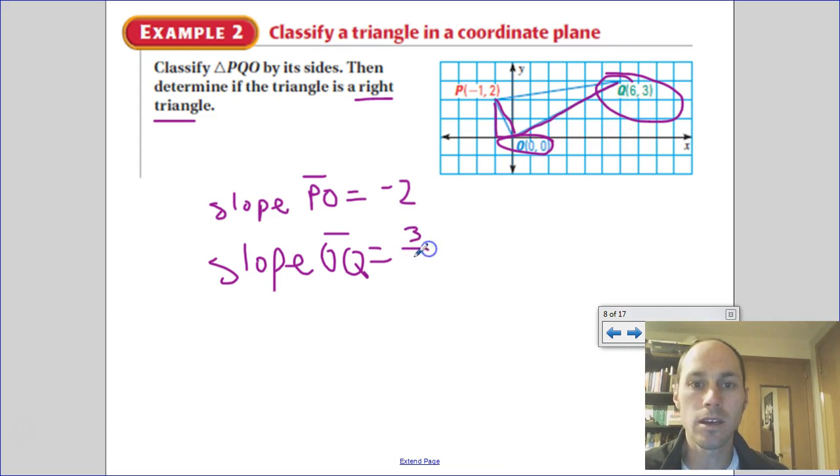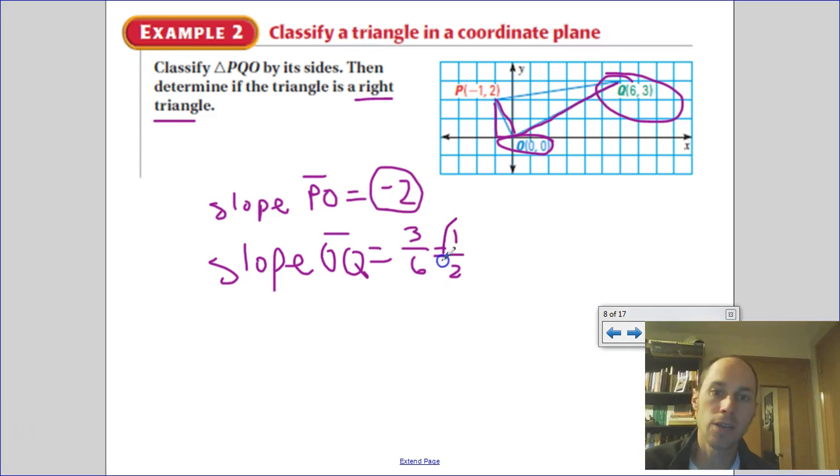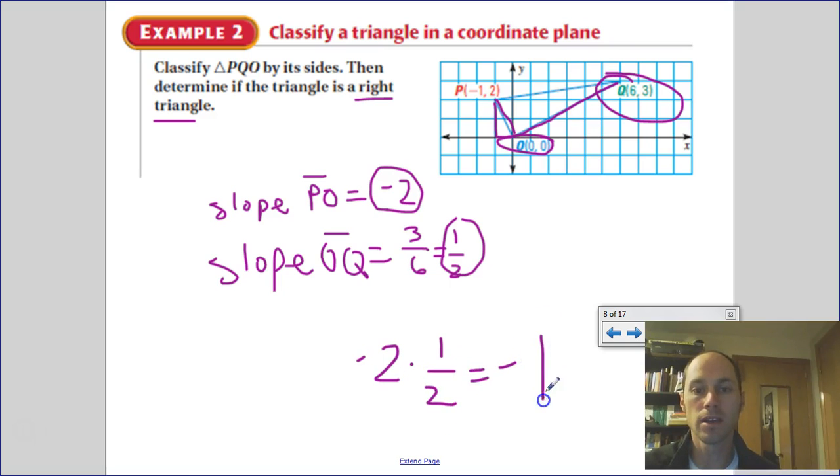So 3 rise, run of 6 equals a half. And I see -2 and 1/2 are opposite reciprocals because -2 times 1/2 equals -1. Therefore, these lines are perpendicular, which means that's a right angle. So yes, that would be a right triangle.